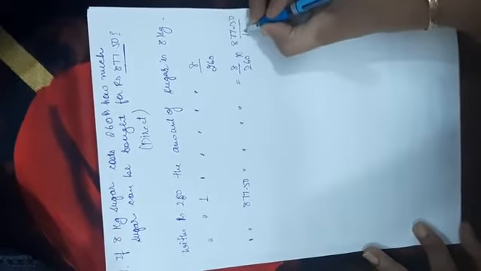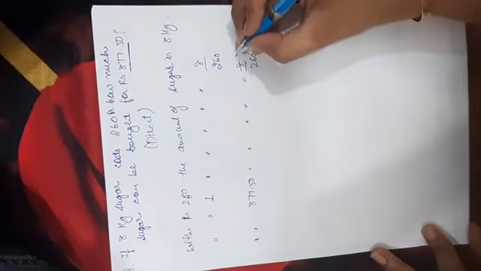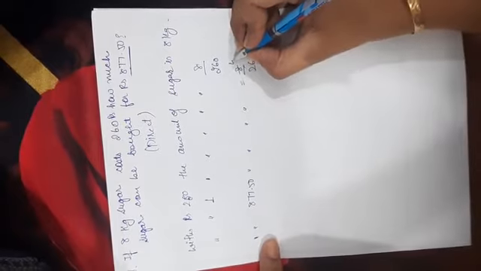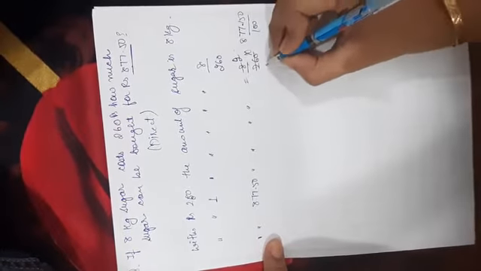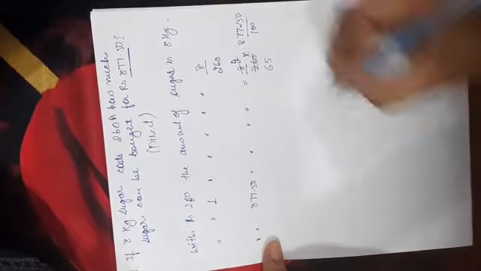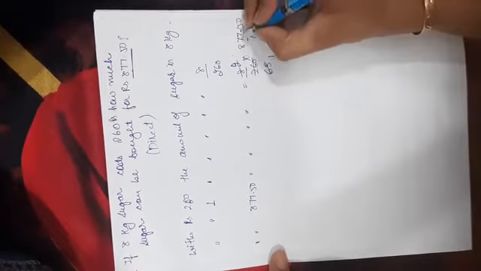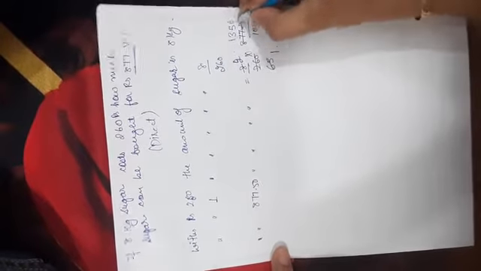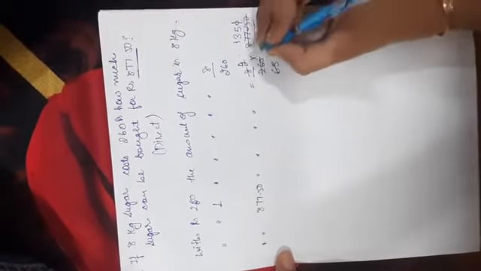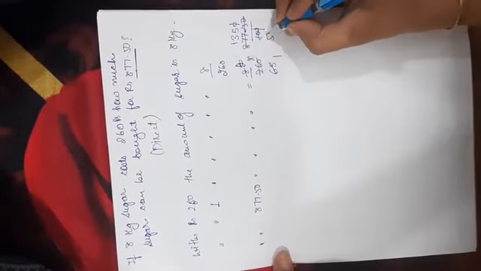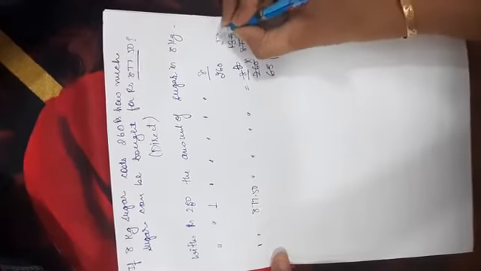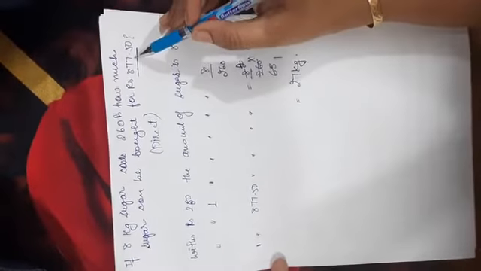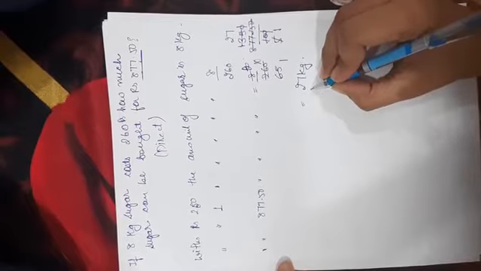The point is removed, 100 comes down. 4 twos are 8, 65 ones are 65, 1350, 0 and 0 cut. 2 ones are 2, 5 ones are 5, 27. So the amount of sugar which we can purchase with 877.50 rupees is 27 kgs.